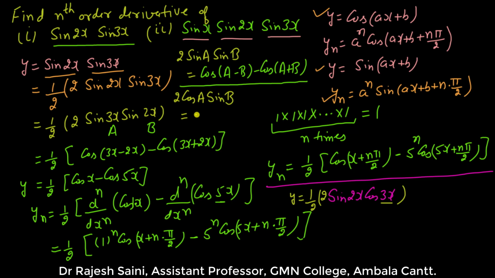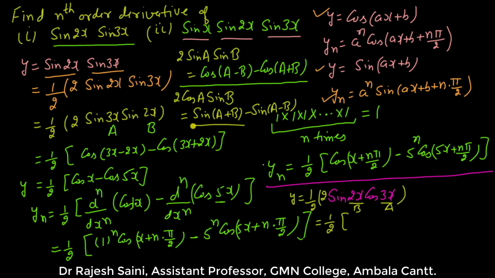2 cos a sine b is sine a plus b minus sine a minus b. So this result we will use over here, and with the help of this one we will write, this will be assumed as a and this will be assumed as b.